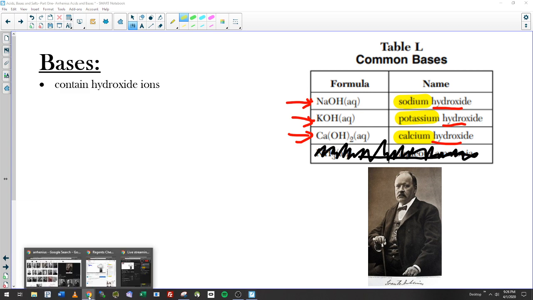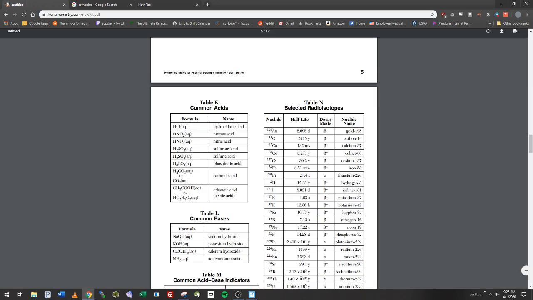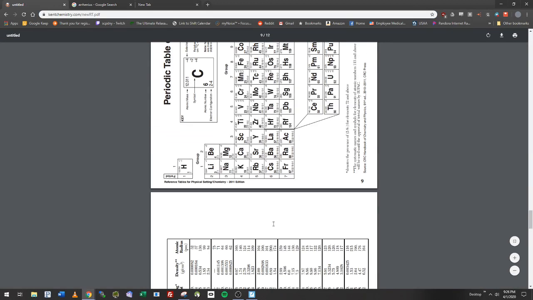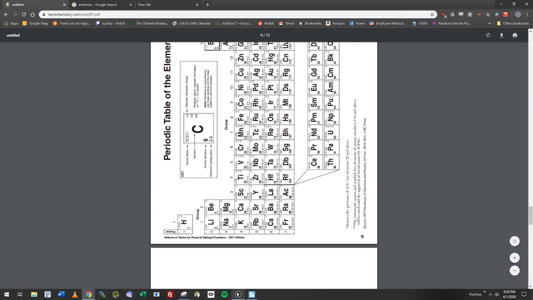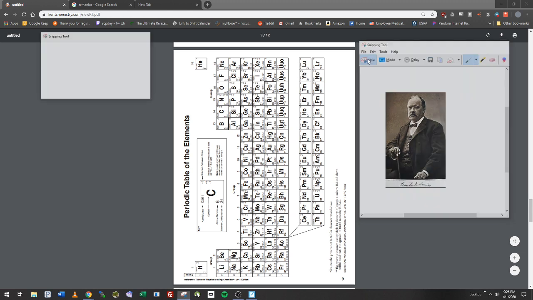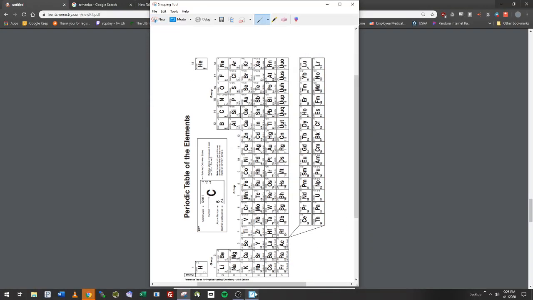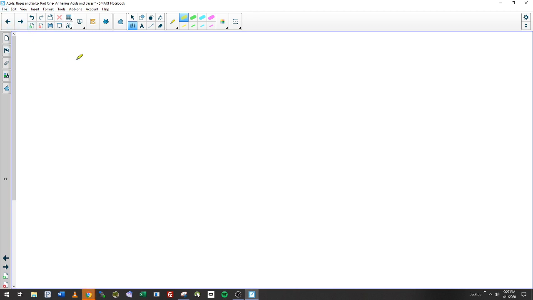I'm going to go to a reference table for a minute. Let's get a periodic table up in here. I'll get the whole periodic table. This is going to be massive.